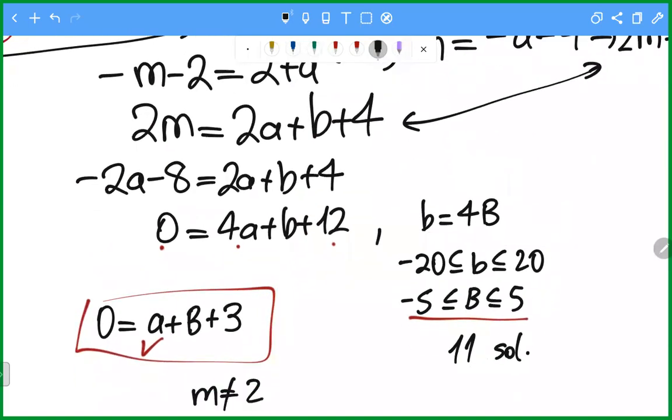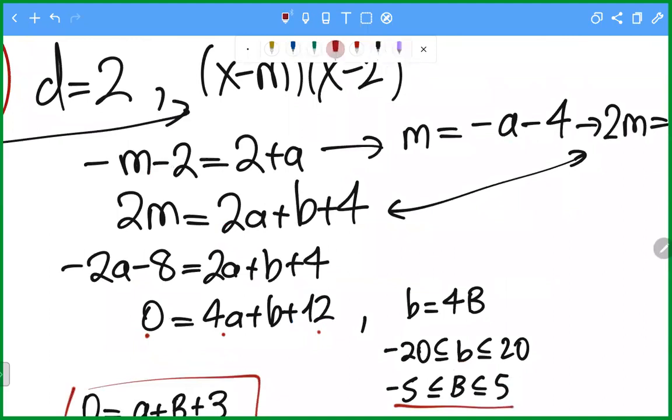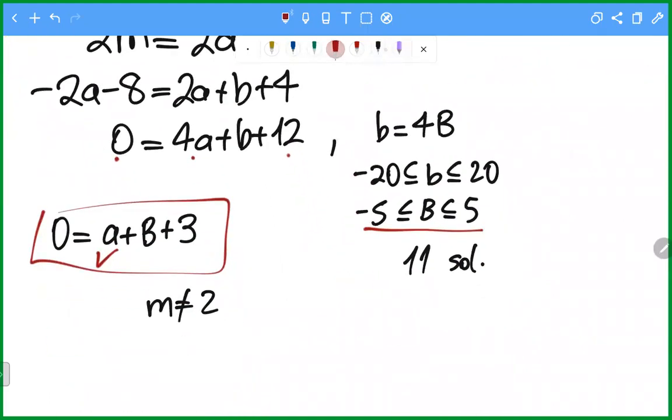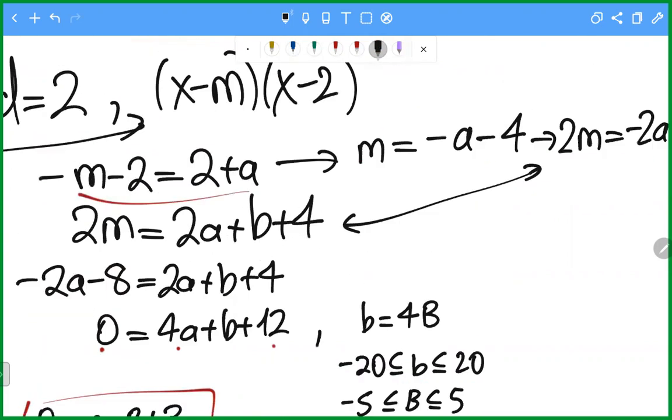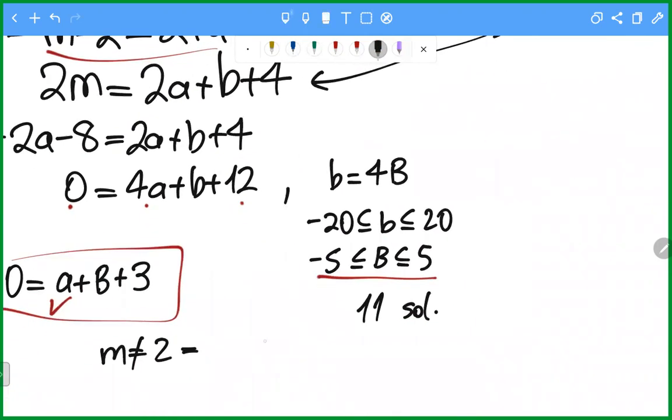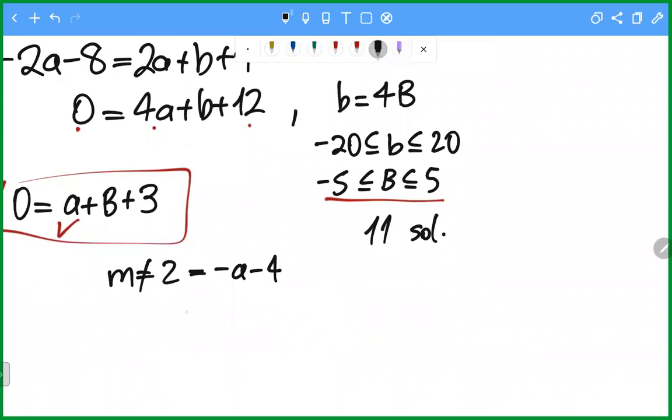So let's write down the relation between a and m, which is here. This is negative a minus 4. I'm sorry, negative a minus 4. So that means we need to rule out the possibility that a is negative 6.